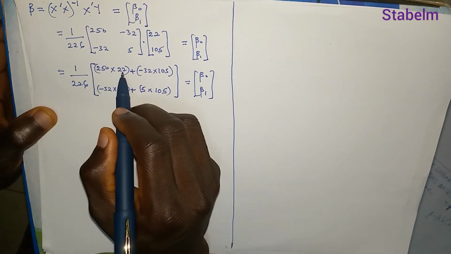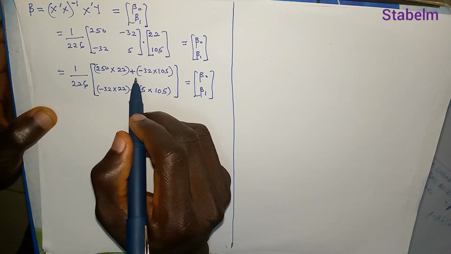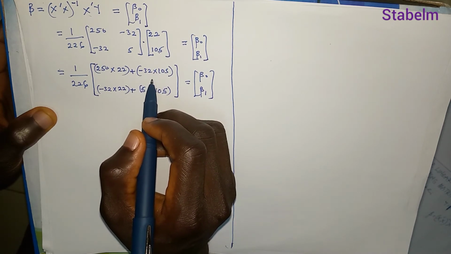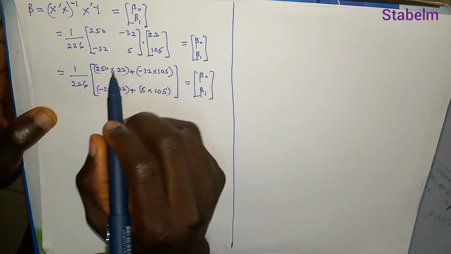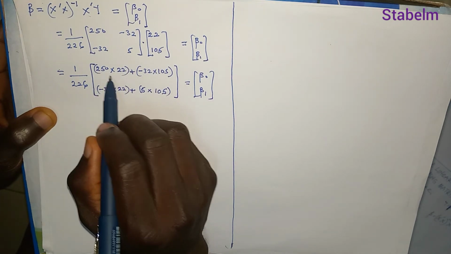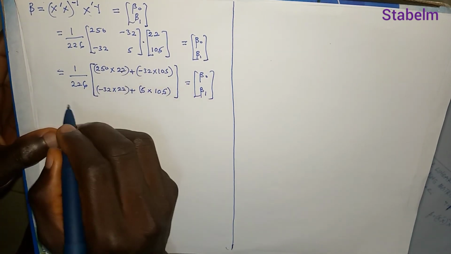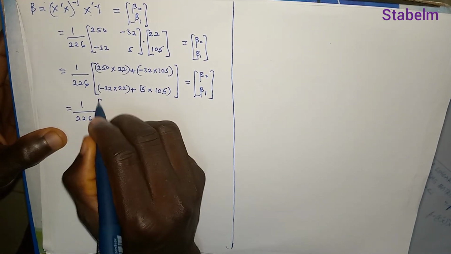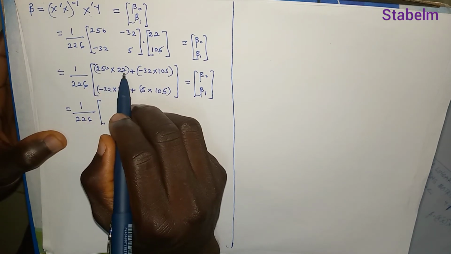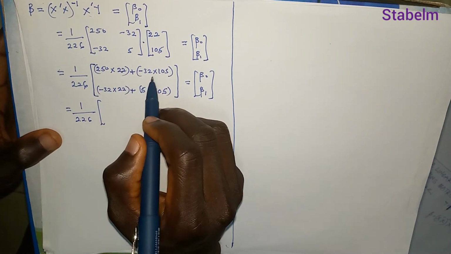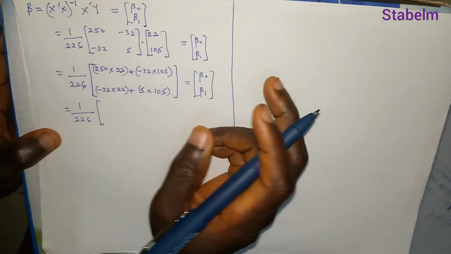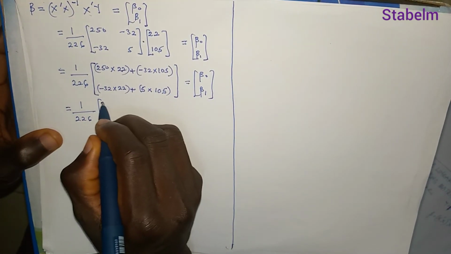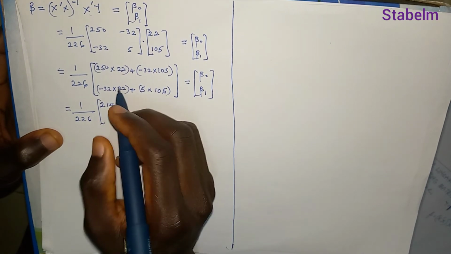So if you multiply this by this, and then subtract, what are we going to have exactly? 250 multiplied by 22 plus minus 32 times 105, with the factor 1 over 226. If you press your calculator, you're going to have 2140.